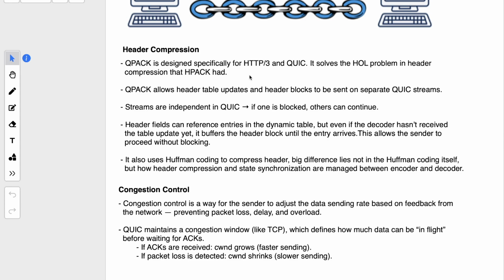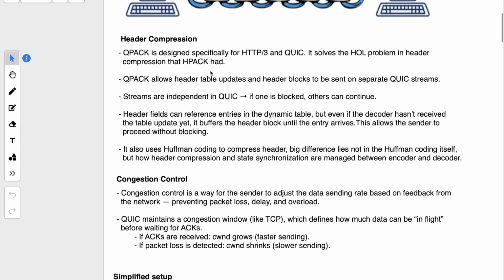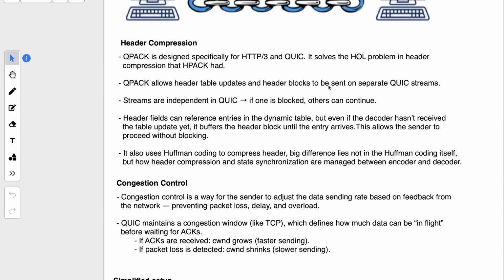QPACK allows header table updates and header blocks to be sent on separate QUIC streams. Because of the independent streams, the header updates and header blocks can be sent on different streams.